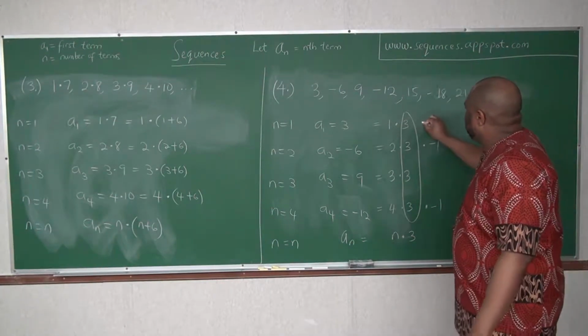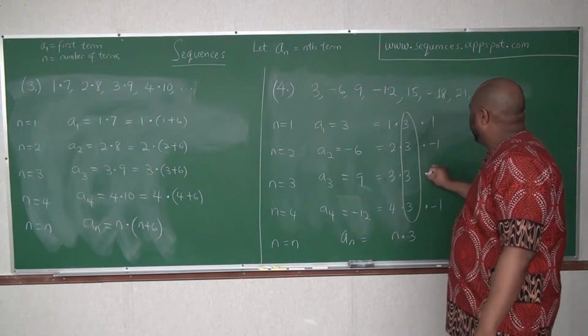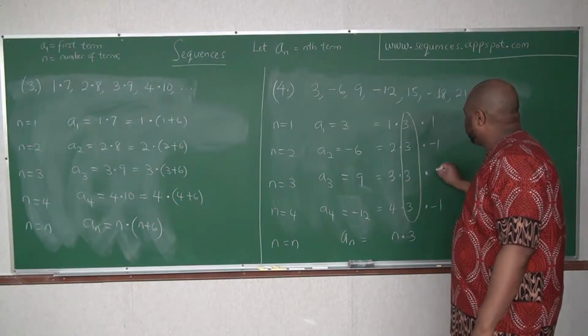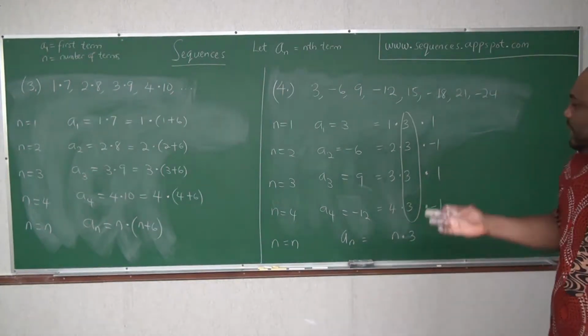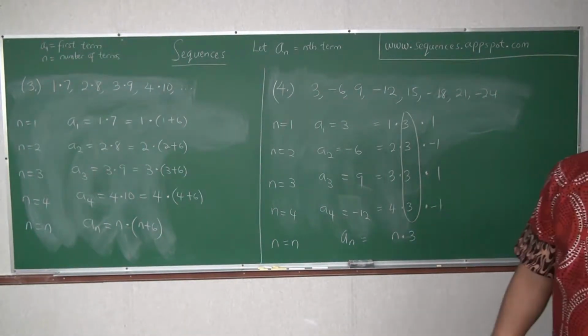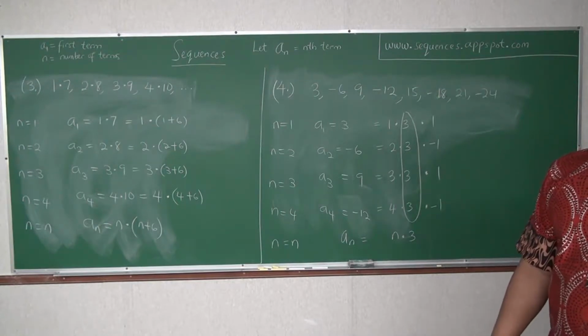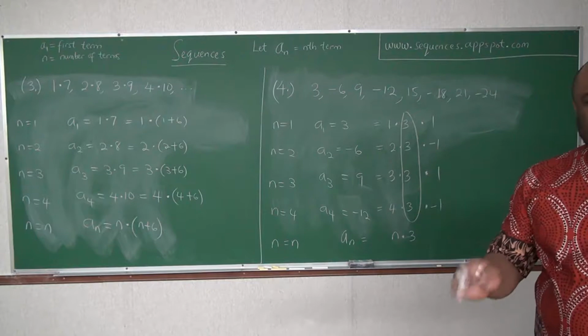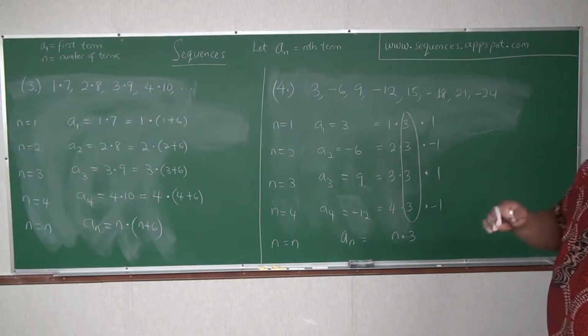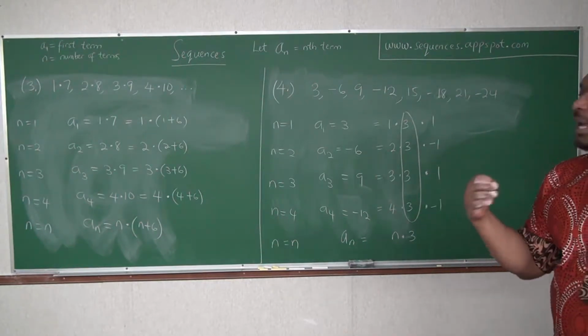If it is the odd term, it's times 1. But if it is the even term, it is times negative 1. If it is the odd term, it is times 1. But if it is the even term, then it's times negative 1.